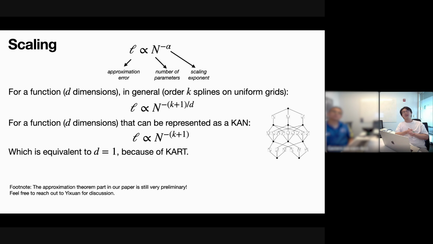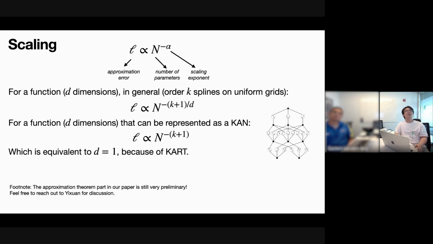Here, the curse of dimensionality is in the sense that if we want to use order-k polynomial splines to approximate this function on a d-dimensional uniform hypercube, then the scaling exponent is (k+1)/d. The division by d is an indicator of the curse of dimensionality, because in practice d can be very large, meaning that the scaling exponent can be really small, which means that when you scale up your model, the improvement in performance you can squeeze out can be really small.